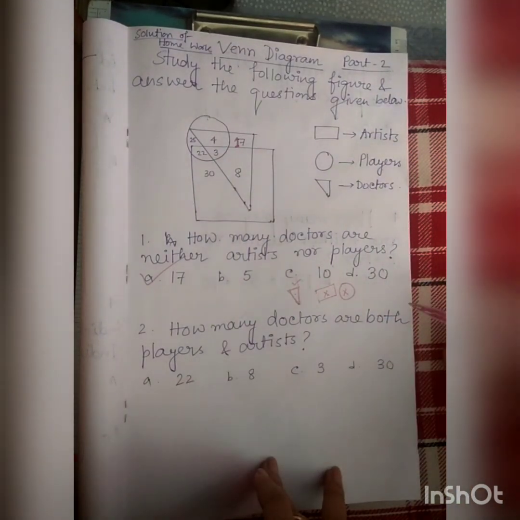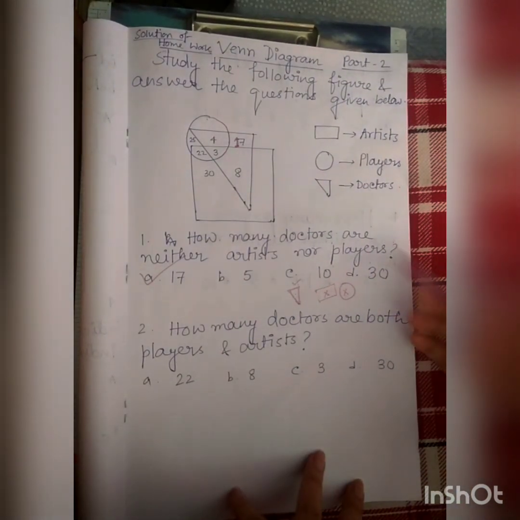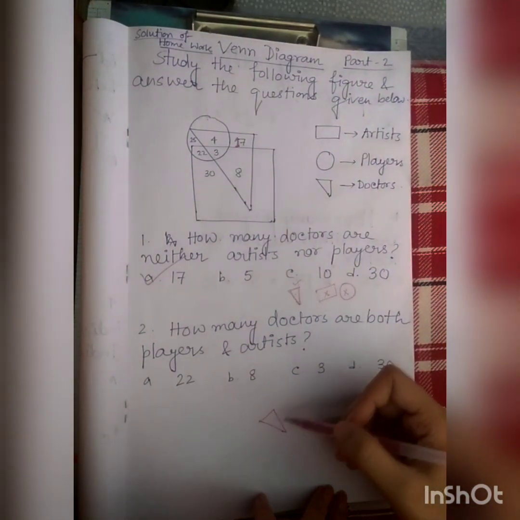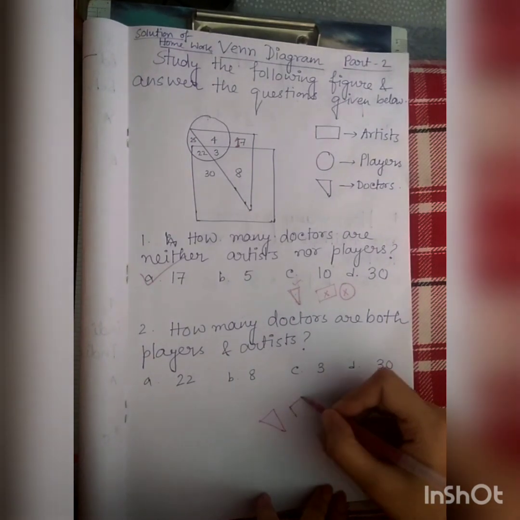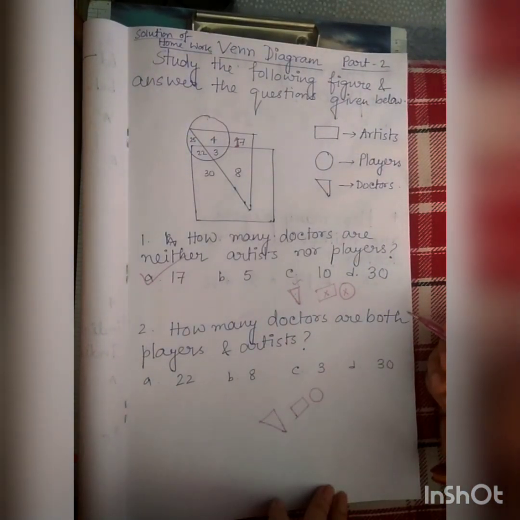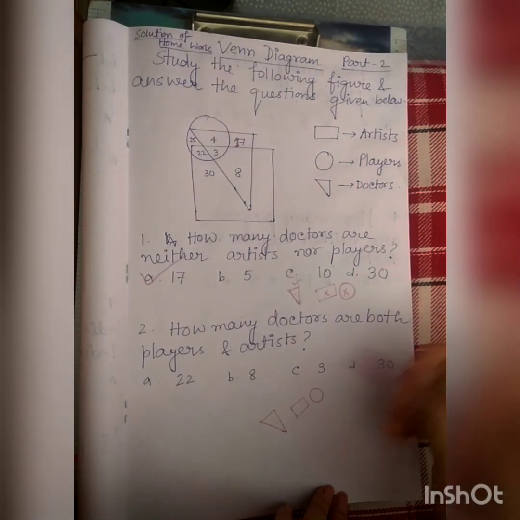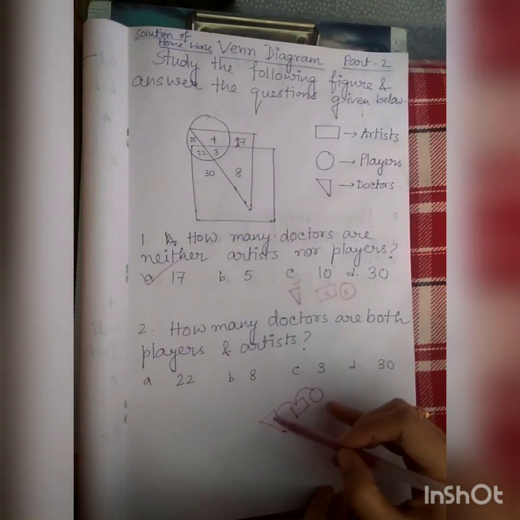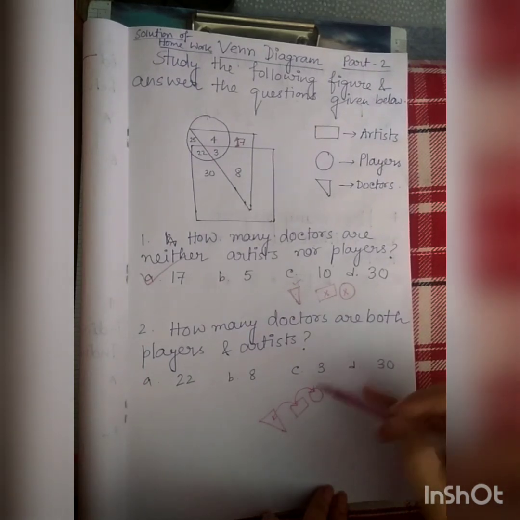How many doctors are both players and artists? Doctors means triangle will be there. Players means circle will be there, and artists means square will also be there. So we have to find the intersecting part of all these three, because doctors will be players as well as artists. So the intersecting part of these three shapes will be our answer.